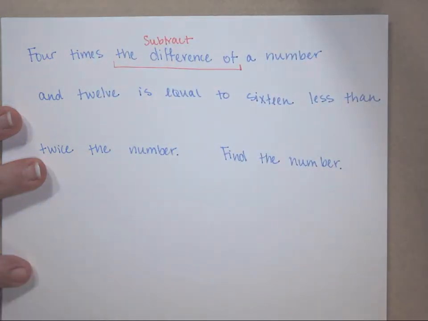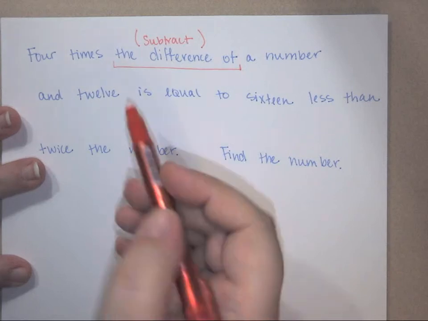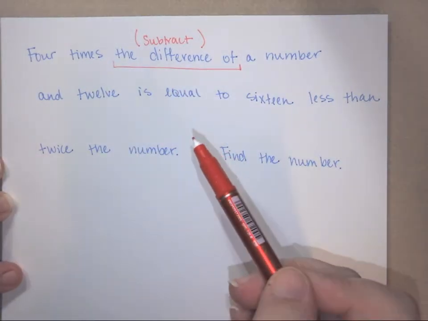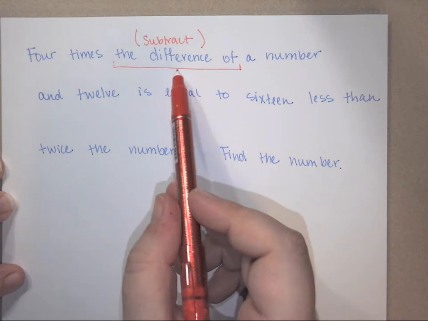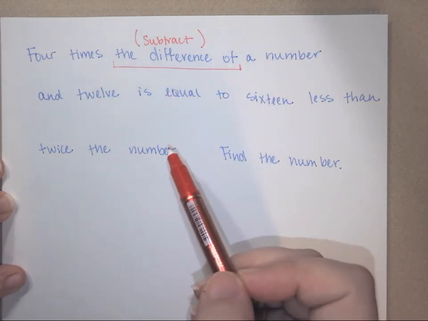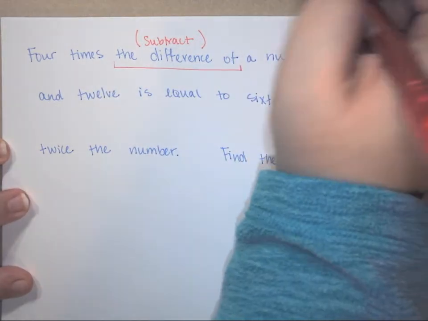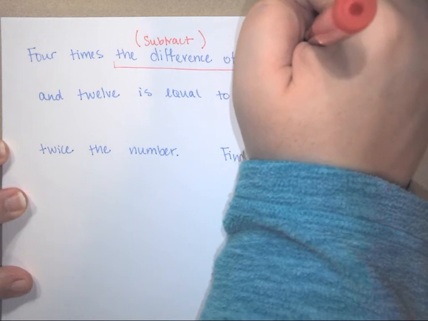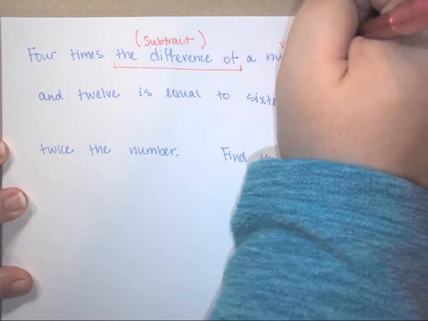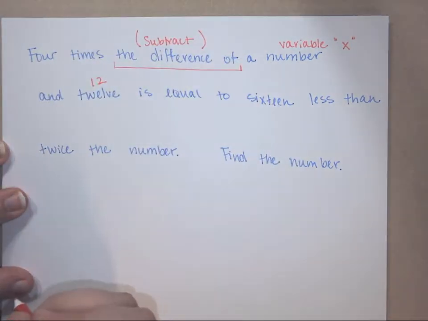And when we're talking about subtraction, we mean parentheses subtract. We're subtracting what comes next, okay? So we're going to subtract a number, so this would be your variable, for example, x. And obviously 12 would be the number 12.